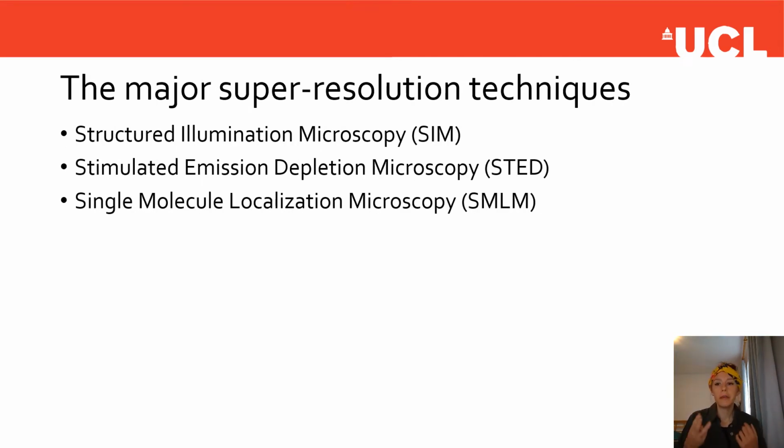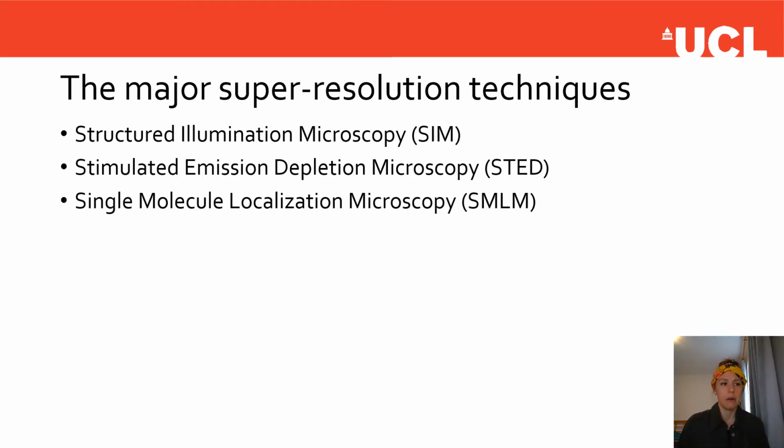So there are 3 major super resolution techniques that exist. There's structured illumination microscopy, or SIM, stimulated emission depletion microscopy, or STED, and single molecule localization microscopy, SMLM. And there are loads more acronyms that we will come across within the next however long this takes. But these are the real big 3 that you need to remember.